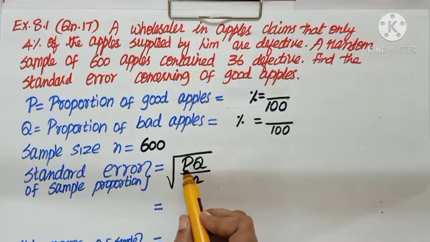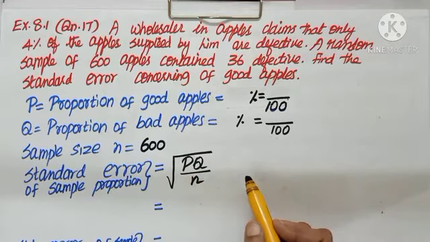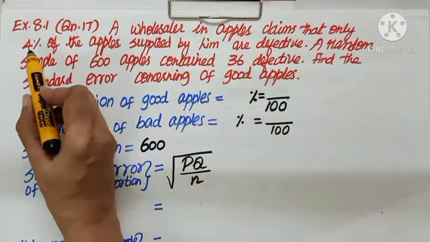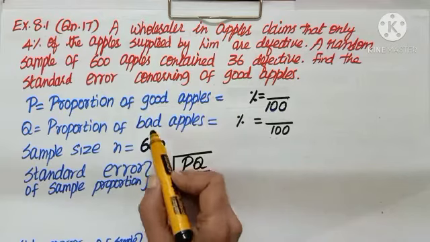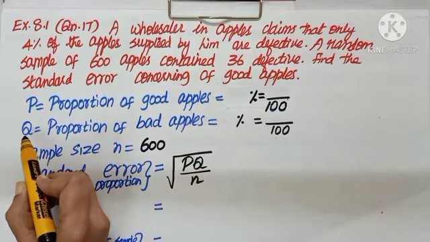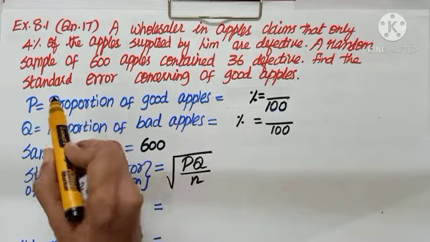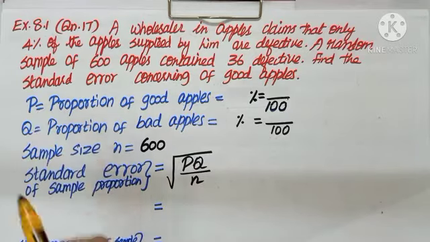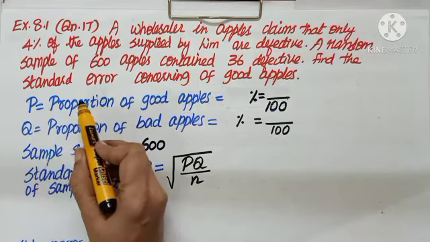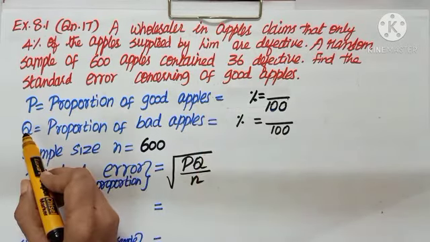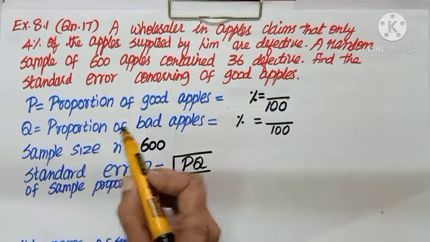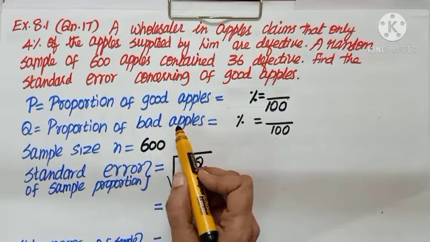What is capital P? Population proportion. So the claim is 4% defective. So bad apples I will take as Q and good apples I will take as P. So P is population proportion. Q is also a proportion, but this is of bad quality.